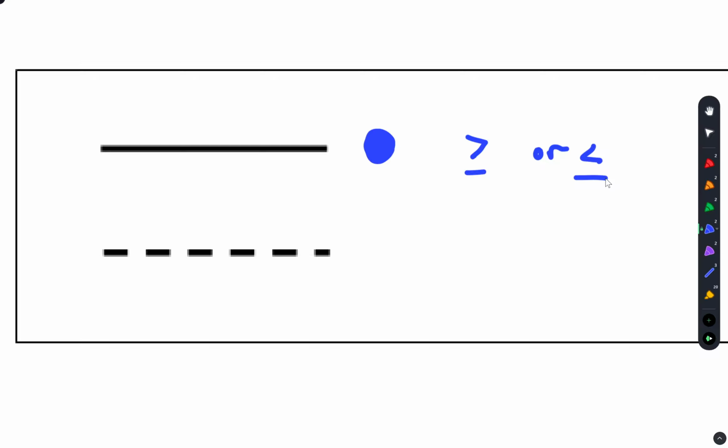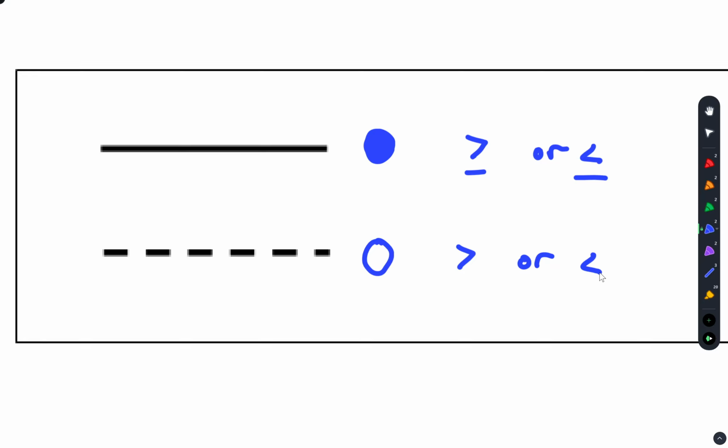Anytime we have those equal signs, we're going to have a solid line. Then on the opposite, when we have an open circle, that's the same thing as a greater than or a less than without that equal sign. Good? That's the first part.